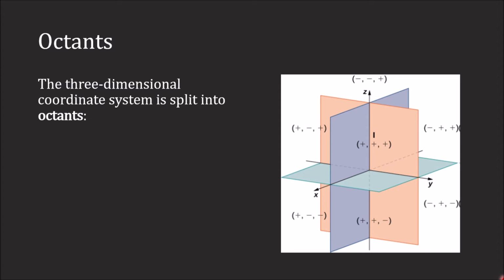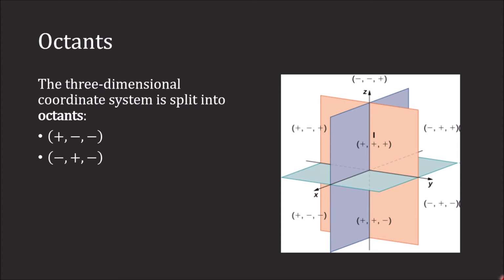The 8 octants are where all of the coordinates are positive. Then you can have x and y positive, z negative. X and z positive, y negative. Y and z positive, x negative. X positive, y and z negative.